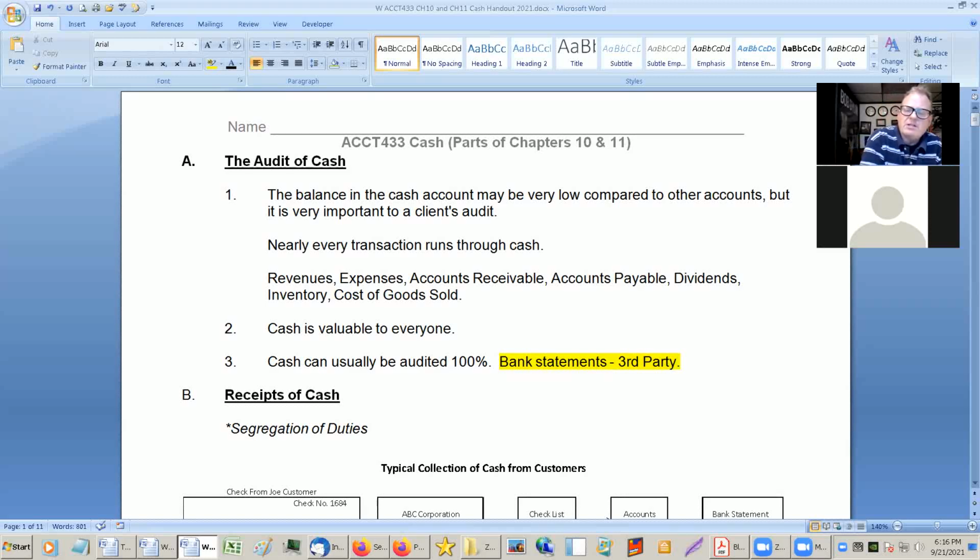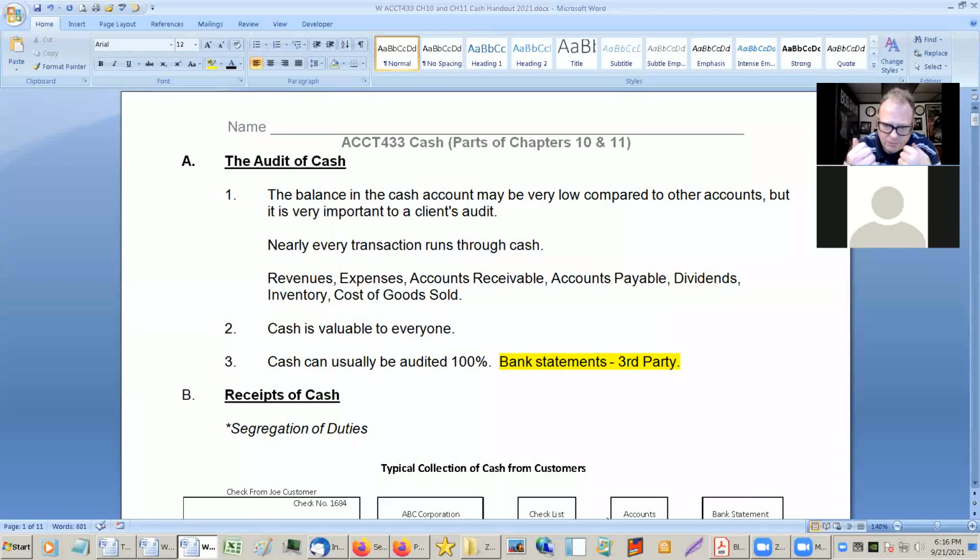So one of the things about cash is a lot of times you audit 100% because you can, especially for smaller companies. If they have less than, say, 10 bank accounts, easily you can audit it 100%. So we do pay a lot of attention to cash, and again, not because the account itself is so significant, but because of all the accounts that it affects.